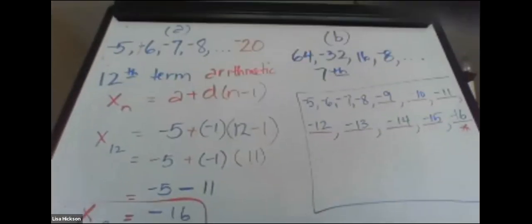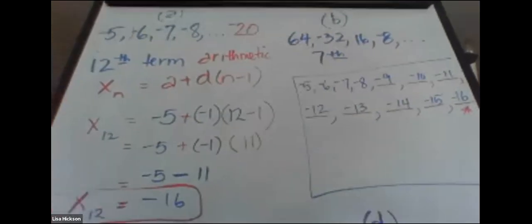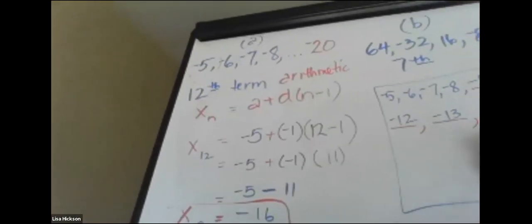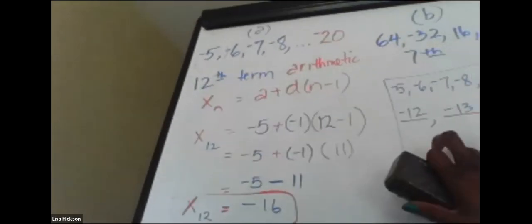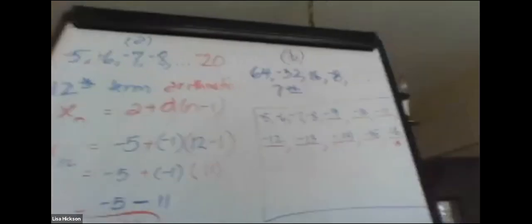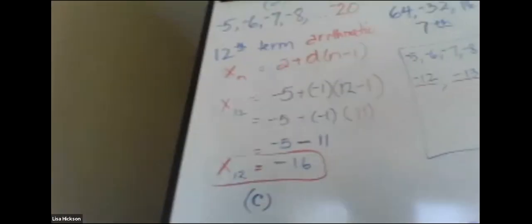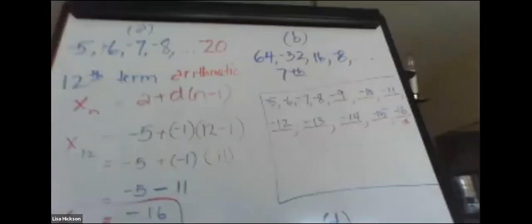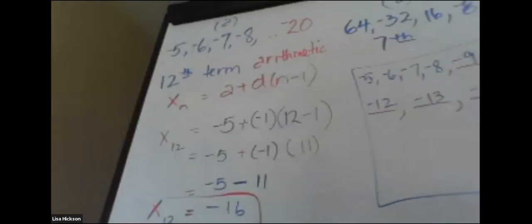So that's cool. So you're telling me the next 12, 1, 2, 3, 4, 5, 6, 7, 8, 9, 10, 11, 12. Yes. If we were asking for the next 12, you are correct. All right. Good.